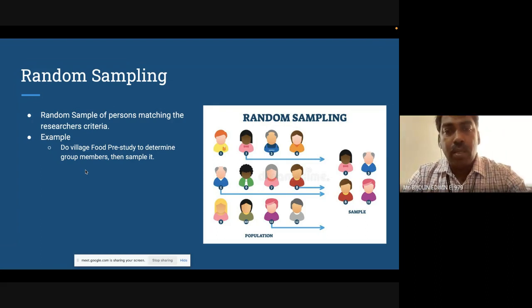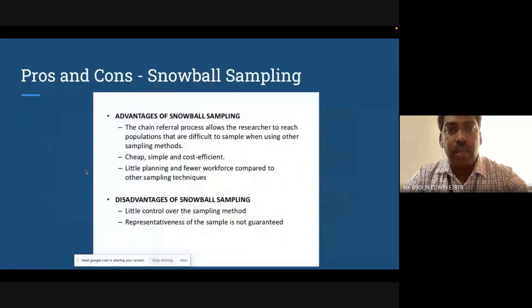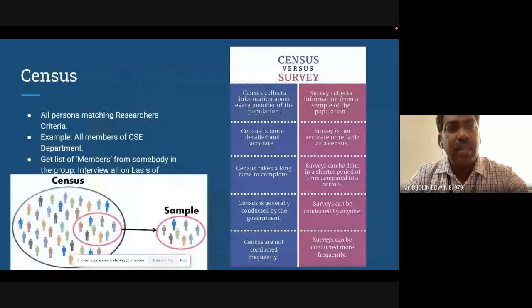In sampling itself we have different types: random sampling, snowball sampling, and census is also another kind of sampling.